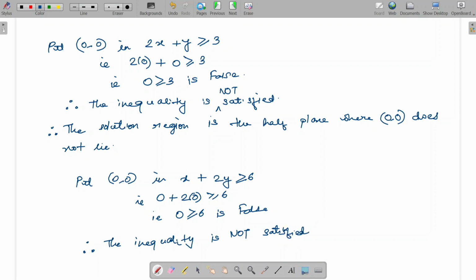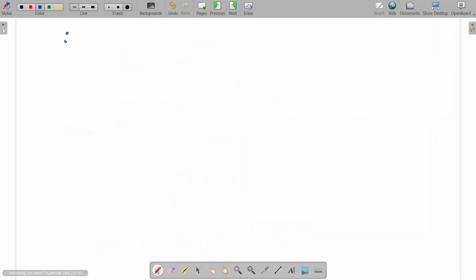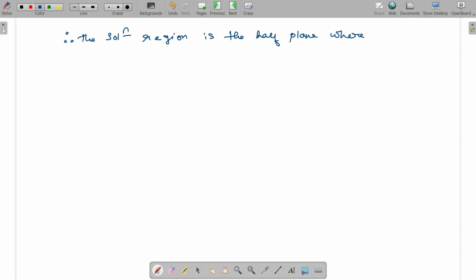So therefore the solution region is the half plane where 0 comma 0 does not lie.